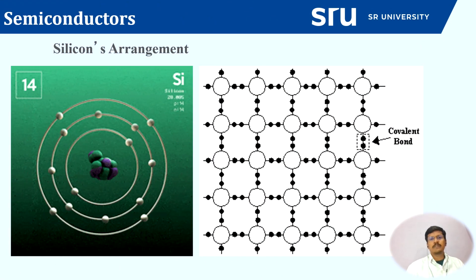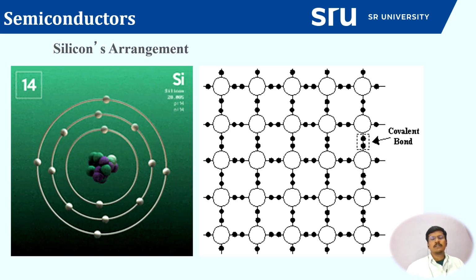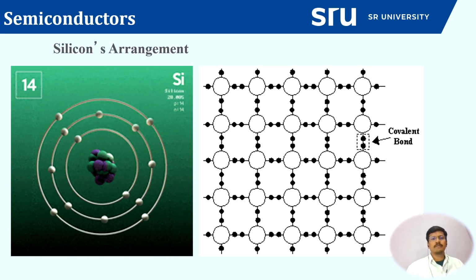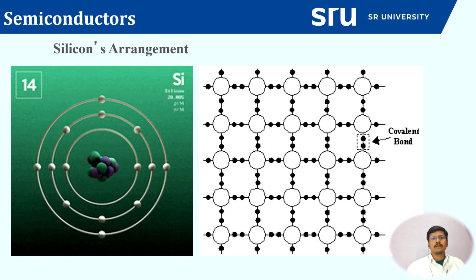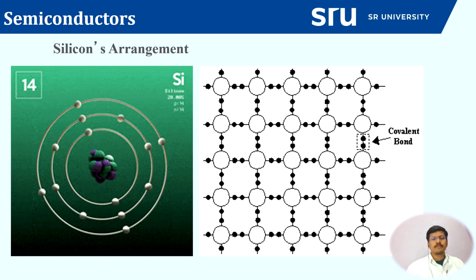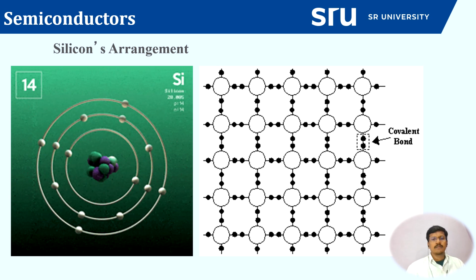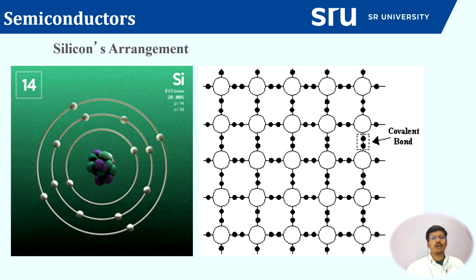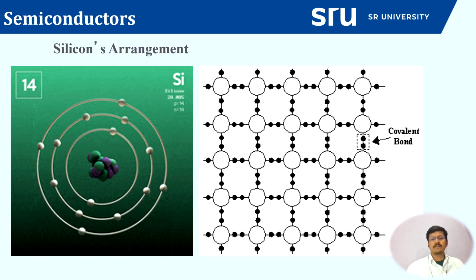Now let us focus on the most important semiconductor, that is silicon. If you see the arrangement of atoms in silicon, you can see here how the electrons are revolving around the nucleus.